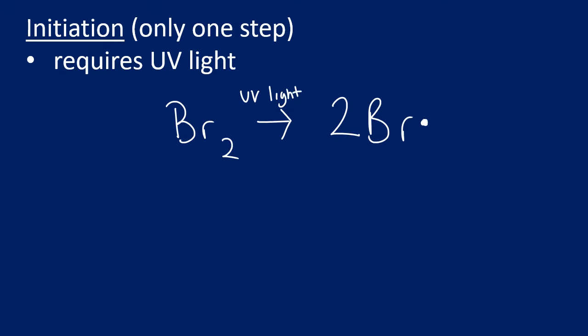UV light is providing the energy for this bond in the bromine to undergo homolytic fission. But we need to be aware of that equation. Br2 goes to 2Br dot. Now, if this was halogenation using chlorine, then all we'd simply do is have Cl2 going to 2Cl dot.